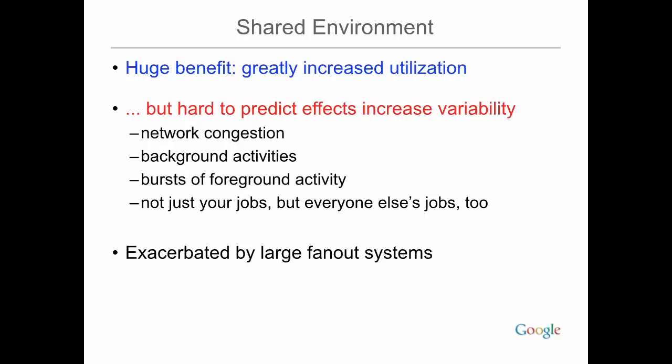So one of the things about Google is that all of these services run in a shared environment. We're not dedicating machines to particular subsystems within our online services. We're instead running them in a big pool of machines where all kinds of different things can happen. You can have network congestion because some other service is using the network that you wanted to use. You can have background activities on the same machine.